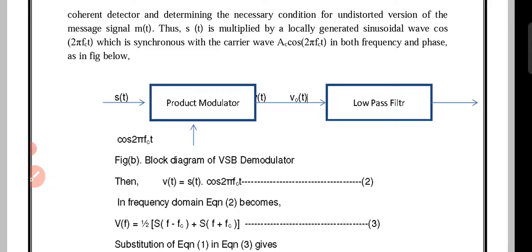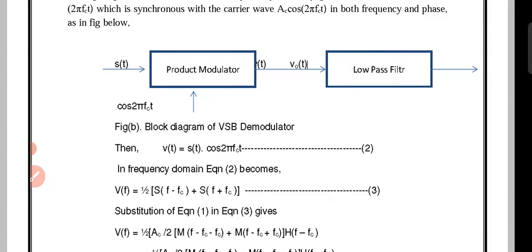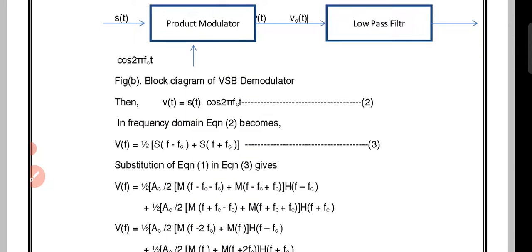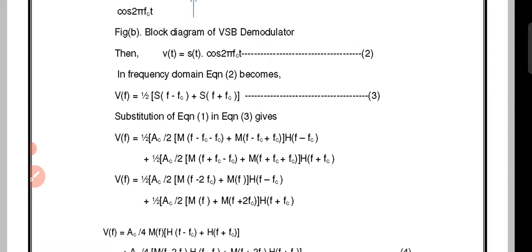The multiplication gives V of t equals S of t into cos 2 pi fc t, the multiplication of the vestigial modulated wave and the internal carrier wave. This signal is further fed to the low pass filter. The output of the low pass filter is our desired message signal. This is the procedure of generation and detection of the vestigial sideband technique.